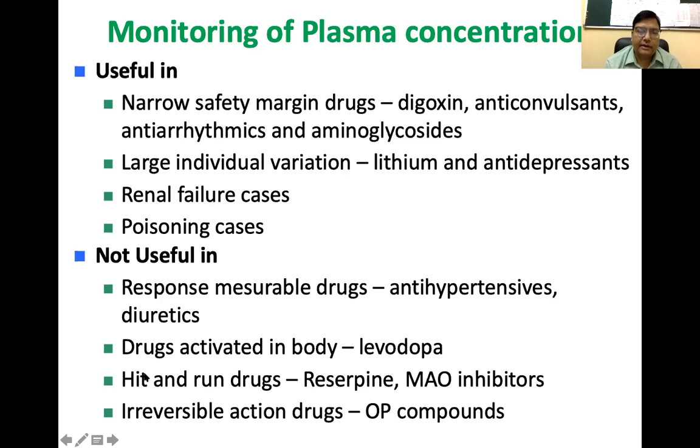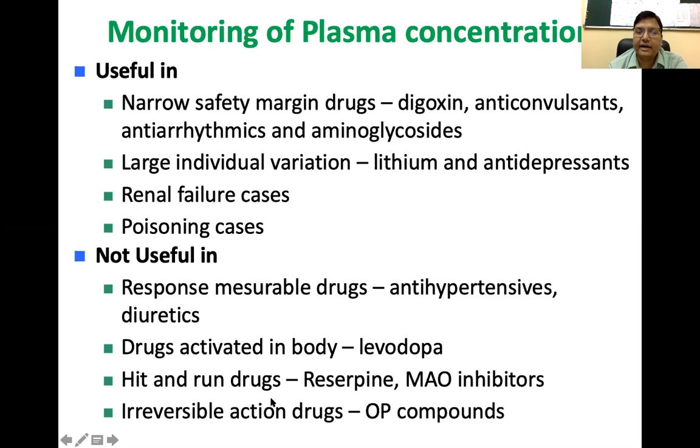For drugs which are activated in the body, we cannot do plasma concentration monitoring. For example, with levodopa, it is actually the dopamine formed from this prodrug that is going to act. So for such drugs also we cannot do plasma concentration estimation, and it is not beneficial.